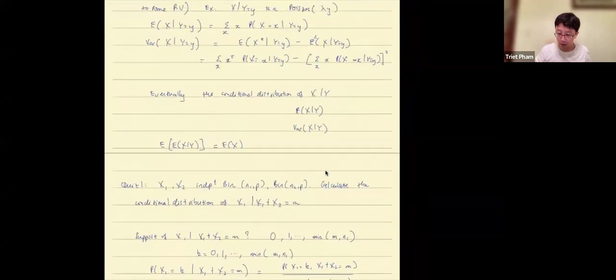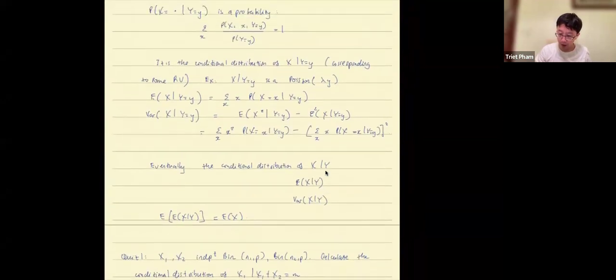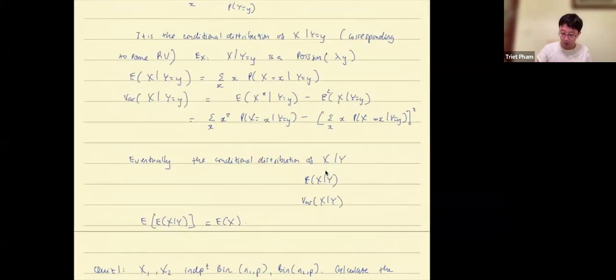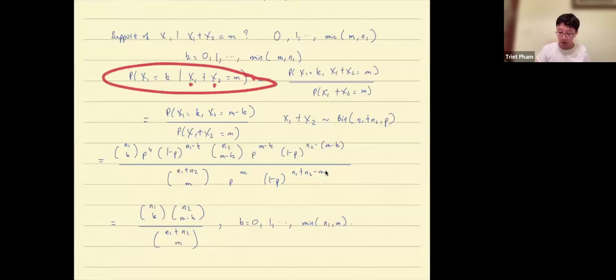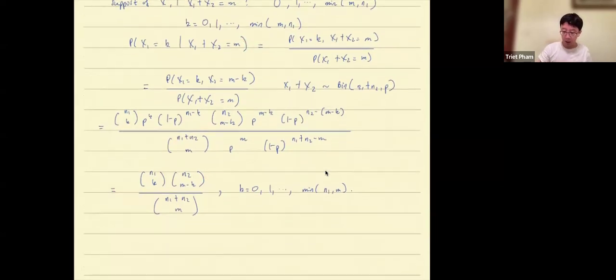In other words, we have to be able to make this kind of statement. So what is it? If the probability of x1 equals k, given x1 plus x2 equals m, is this expression, then x1 given x1 plus x2 equals m is what kind of random variable?